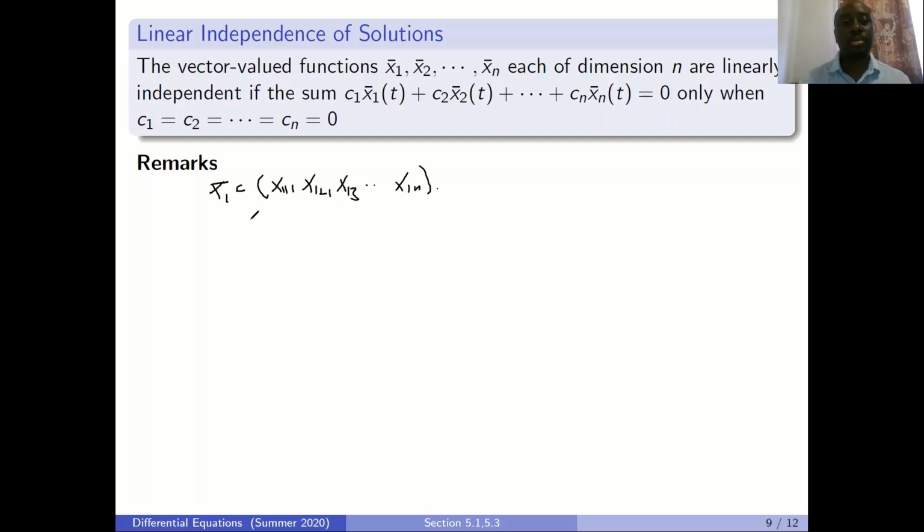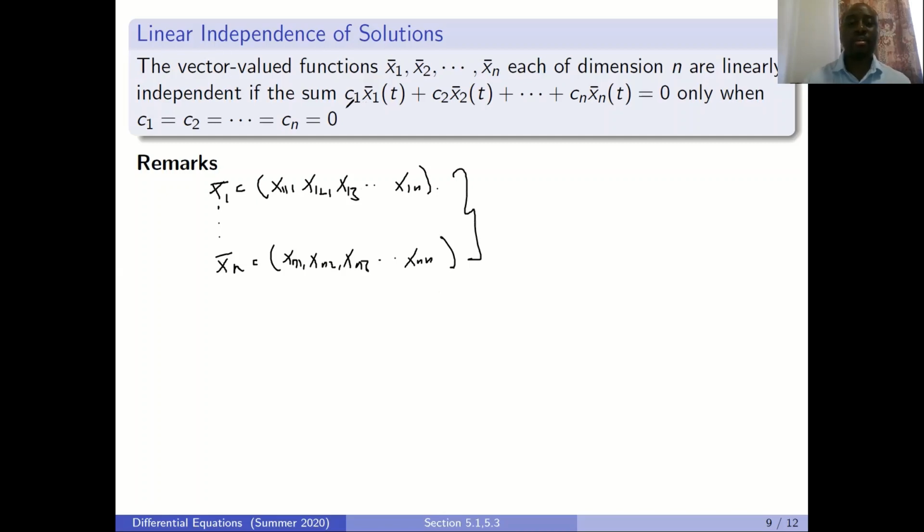If we have a whole bunch of these, which are solutions, up to xn1, xn2, xn3, xnn, what do we mean by this collection being linearly independent? Well, we think of each one as just a vector, and then the definition still holds.